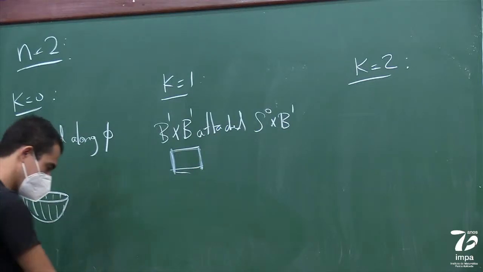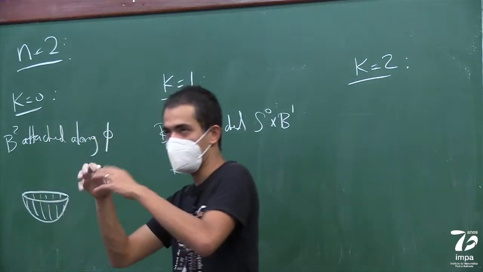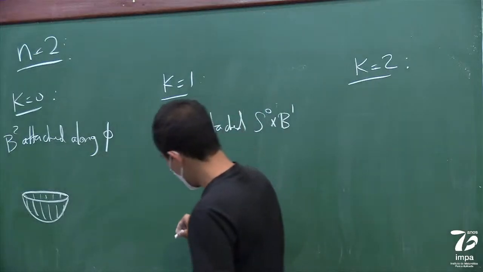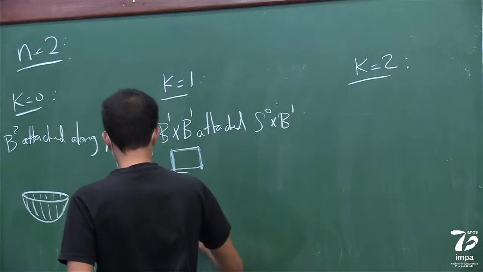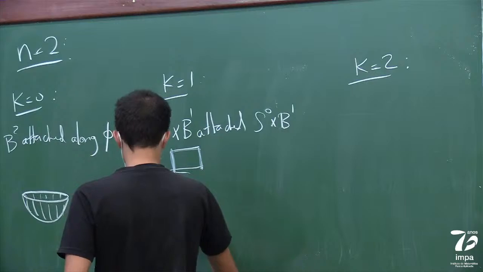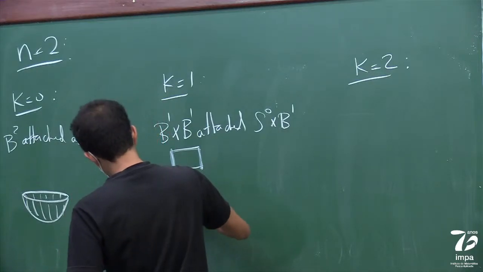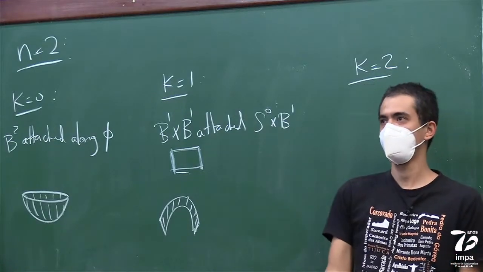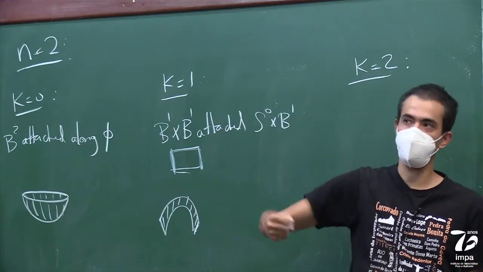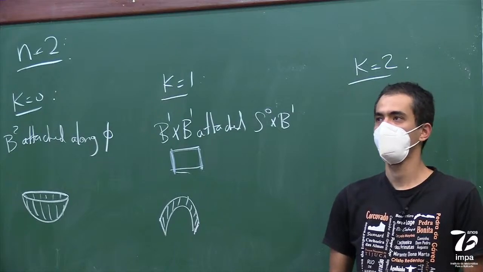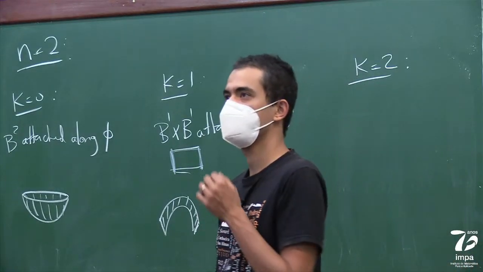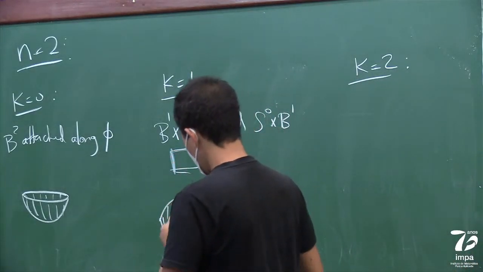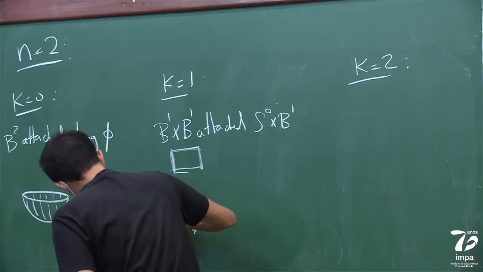You can think of it, coming from a Morse function, as something like this. It's really a handle, like uma alça, like a handle of a purse or a handle of a bag. And that's why it has this name, handle. And you glue right here.